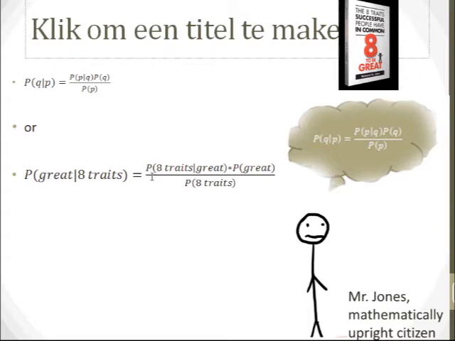And we can calculate, in principle, the probability of having those 8 traits, given that you're great, which we know, which is 100%, times the probability of being great divided by the probability of having those 8 traits.